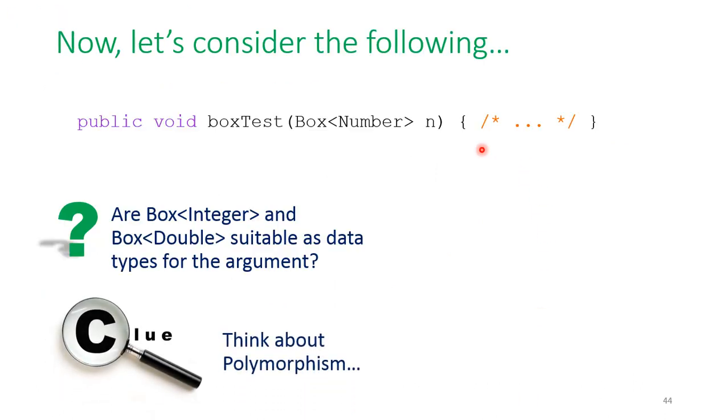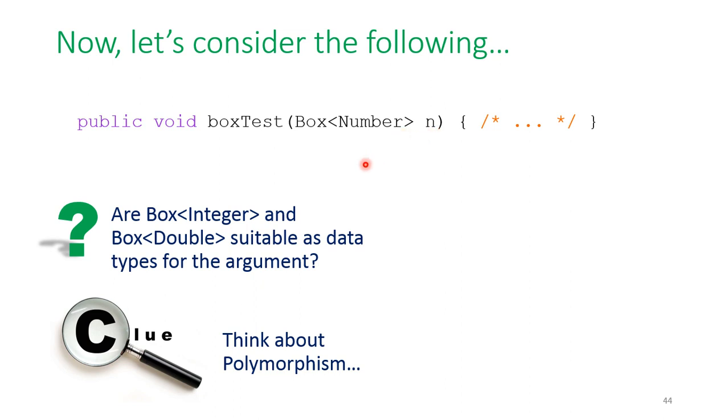So let's consider the following example. This time we have boxTest, which is a method that returns void. And it takes as parameter something that is actually involving generics. So instead of just taking as a parameter, for example, a Number, which is a regular class, this time we take a parameterized type, which is Box of Number.